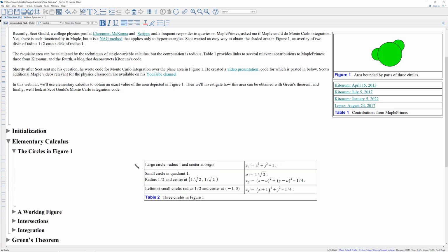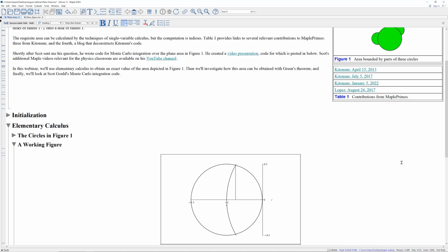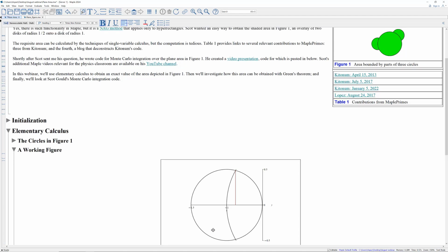Let's close this, and I drew a working figure. It'd be nice to have all of that in one image. Okay, this is the leftmost circle. This is a piece of the unit circle. See, here's the center, -1, 0. And I drew this vertical line.